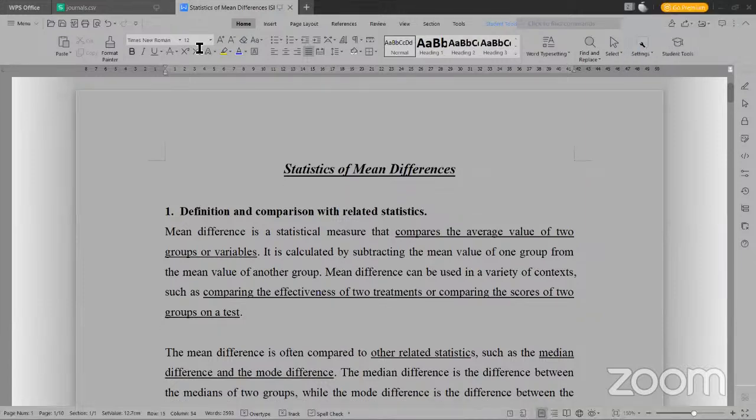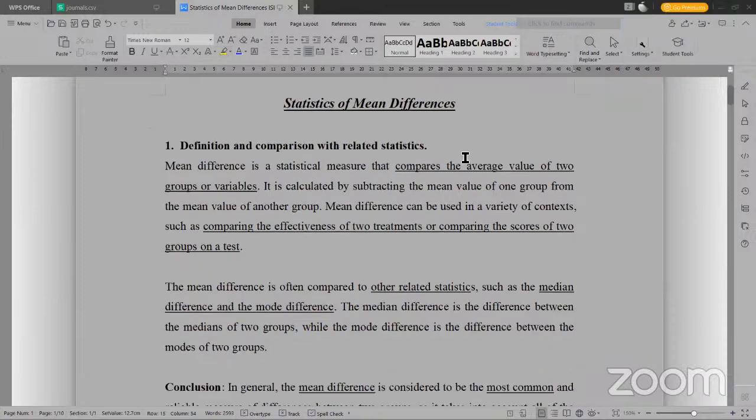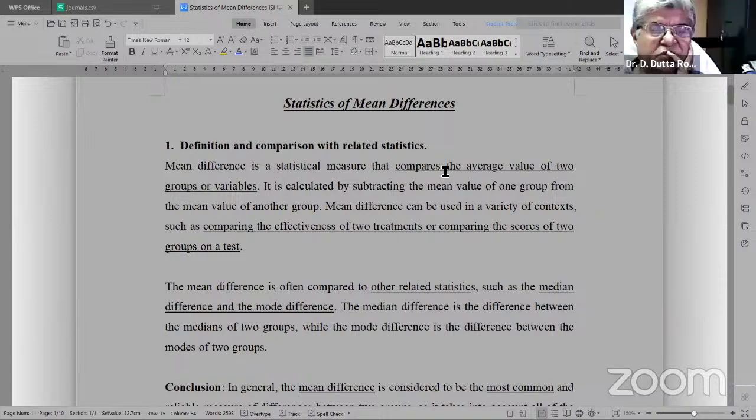So, sir, this is the file. Should I start, sir? Yeah, I'm reading. This one is better. Yes, sir. Can I start explaining, sir? No, please. Okay. Oh, very good.